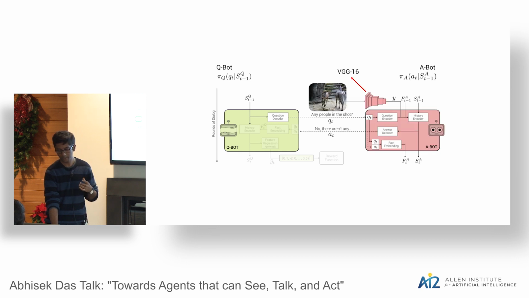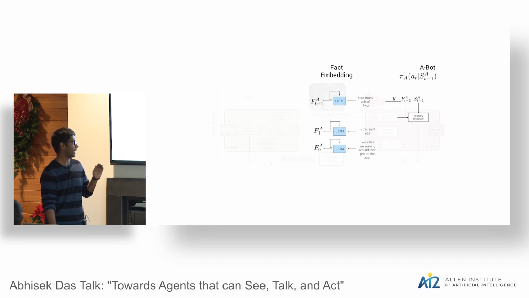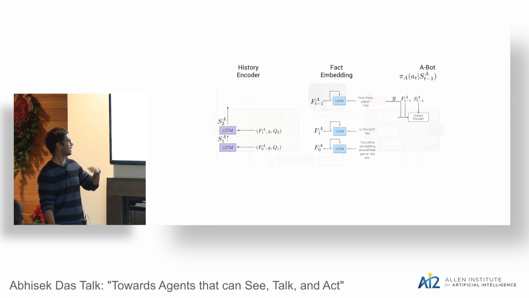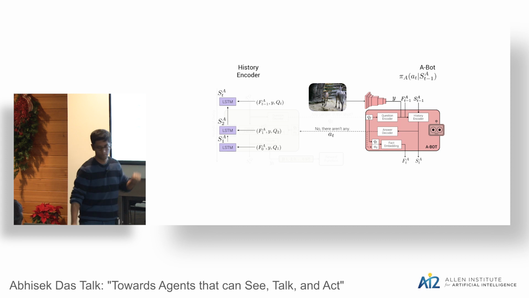The answerer encodes the image with a VGG16 CNN, encodes the question with an LSTM, and has a hierarchical history encoder, which at the lowest level encodes each round of QA as fact embeddings, and at a higher level, there's an LSTM going over all of these fact embeddings to build a unified representation of the entire dialogue. Conditioned on this history encoding, it decodes an answer, which in this case is no, there aren't any.